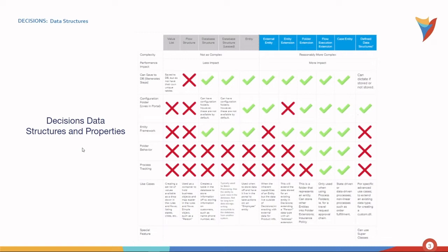So if we start over here to the left, a value list. Now this value list, it's going to create an enumerated list of string values that changes regularly. So this is not saved to the database.